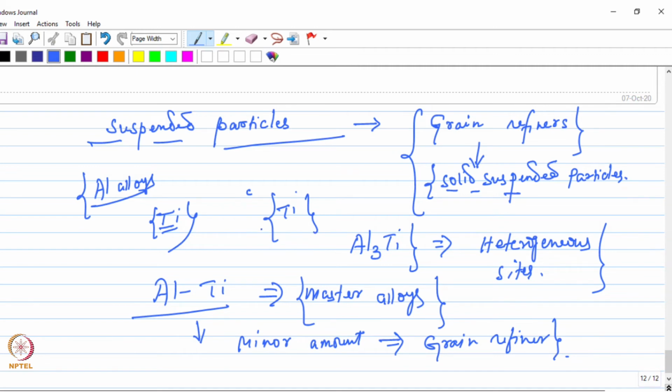Right? So this master alloy will provide these intermetallic particles having a much higher melting point. So they will still be solid at the melting point of aluminium.